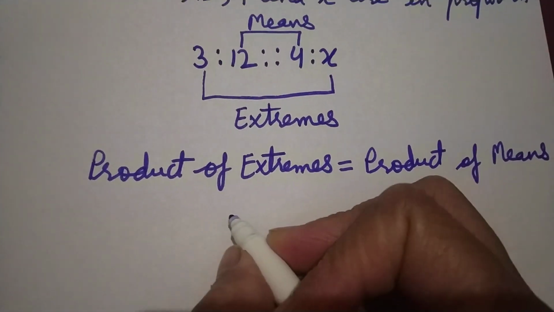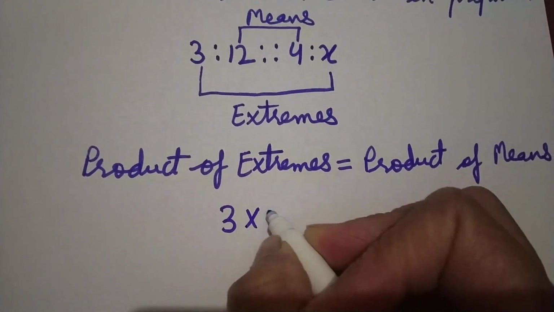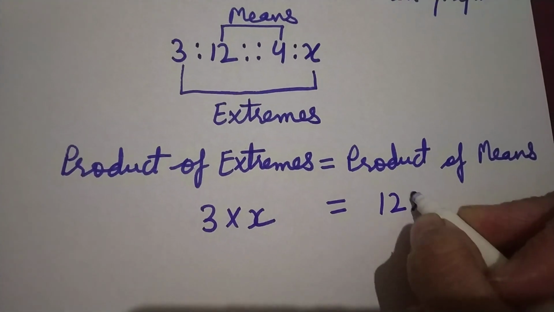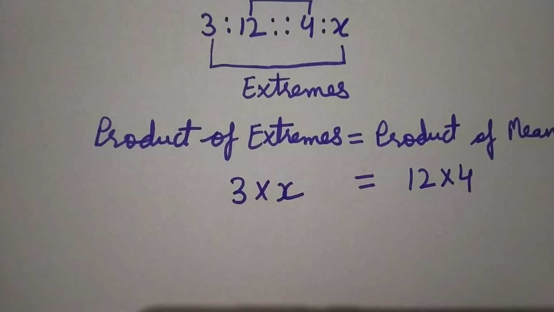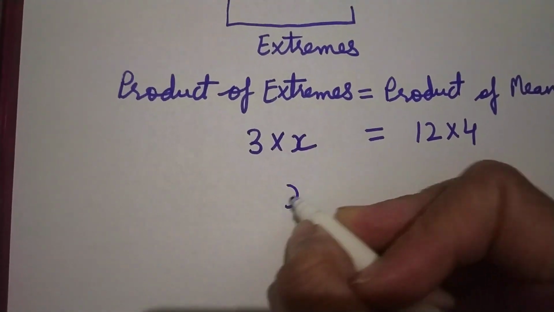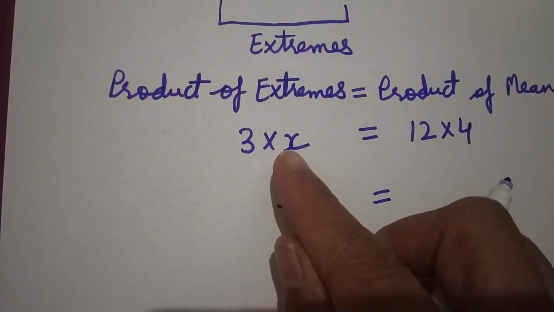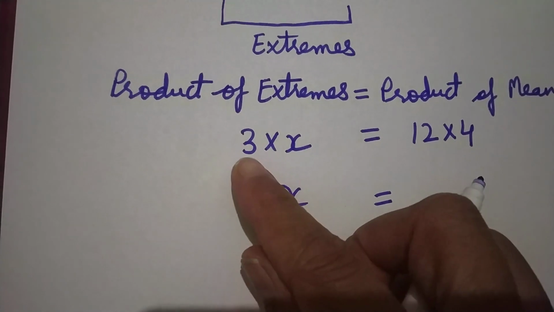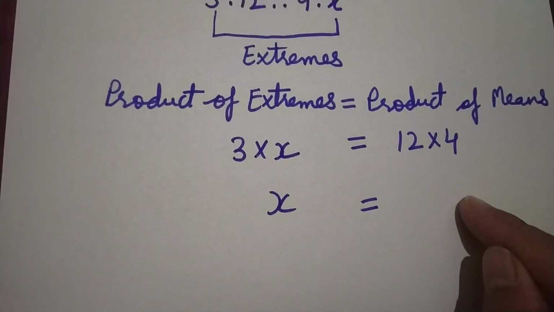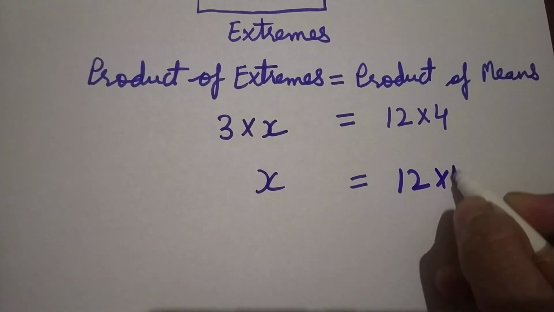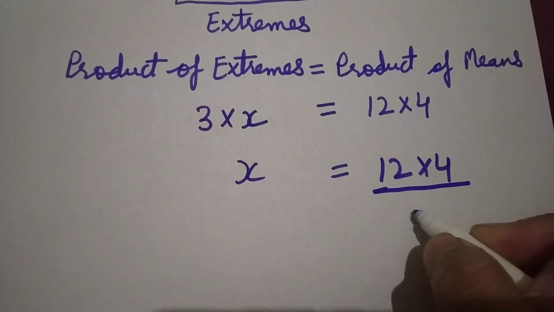The product of extremes is 3 multiplied by x and the means are 12 and 4, so that is 12 multiplied by 4. Now we have to find x from here. To find x, see here 3 is in multiplication with x, so when we shift this 3 to the right hand side, it will get divided. x equals 12 multiplied by 4 upon 3.